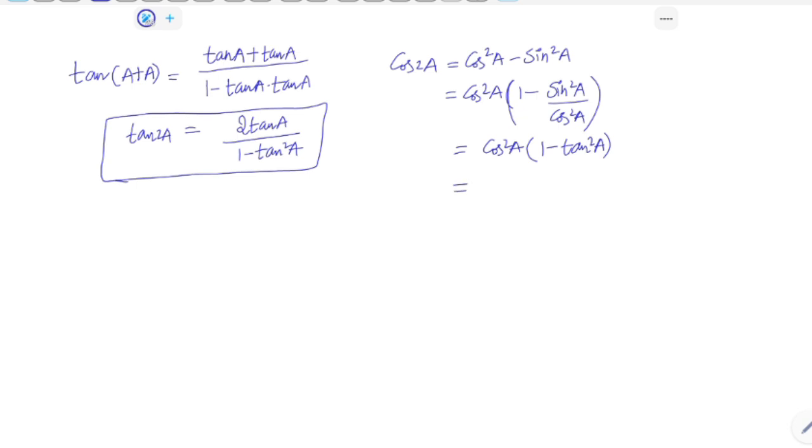We are going further and writing cos square A as 1 by secant square A. So 1 minus tan square A by secant square A.